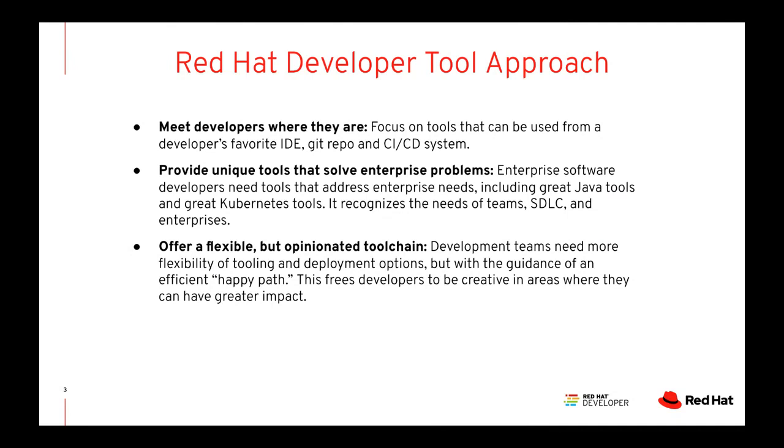And they say, well, however you want, that's not really helpful. So what we try to do is provide some guidance on the Happy Path and let developers be creative in areas where it really makes a difference and where you're making your software as awesome as it can be, instead of being creative around things that are becoming increasingly commoditized.